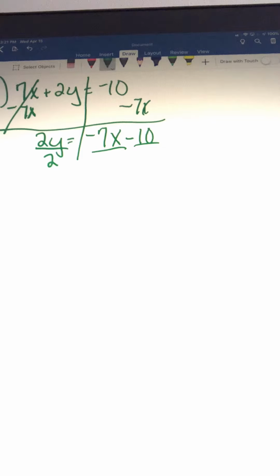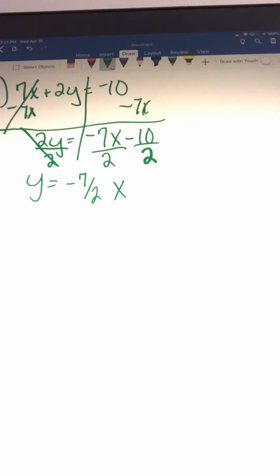So we're going to divide everything by positive 2. When we do that, 2 divided by 2 is positive 1y. Negative 7 over 2 does not reduce, so it stays negative 7 over 2, then your x. Negative 10 divided by 2 is negative 5. So your new equation is y equals negative 7 halves x minus 5.